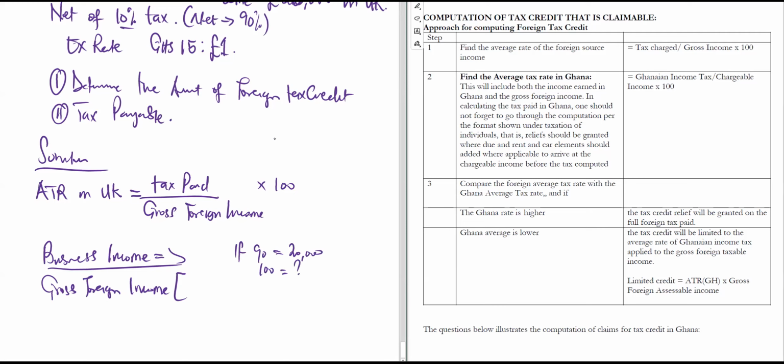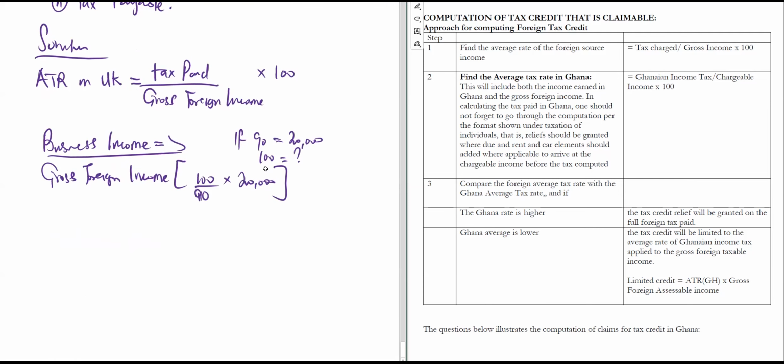To give us more, so let's divide. So 100 over 90 times the 20,000 pounds should give us the gross foreign income that we want. Not so? And how much becomes the gross foreign income? 22,222.